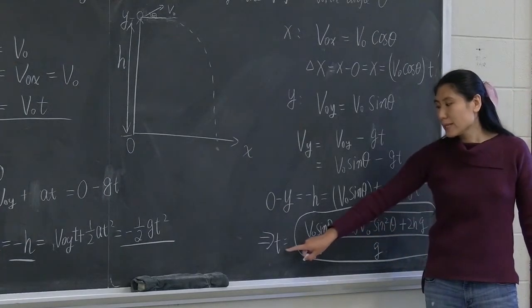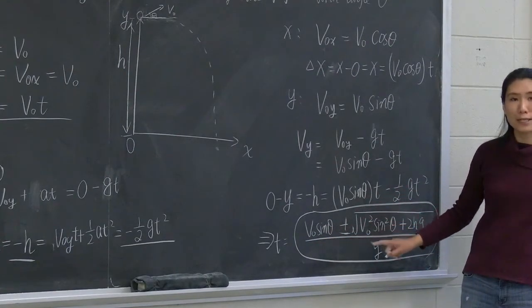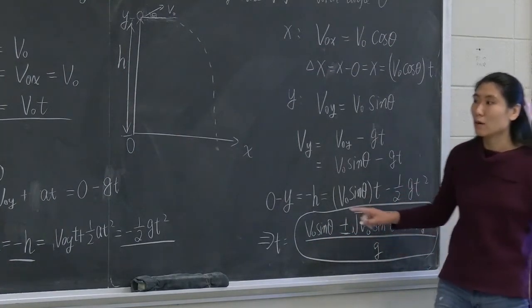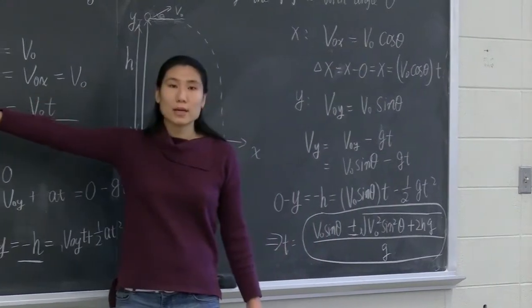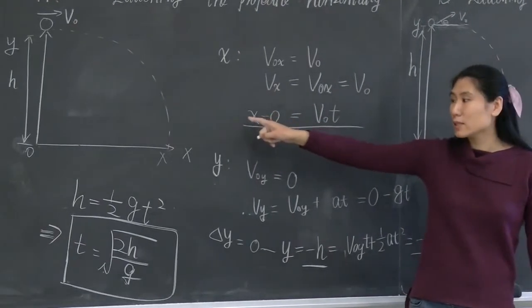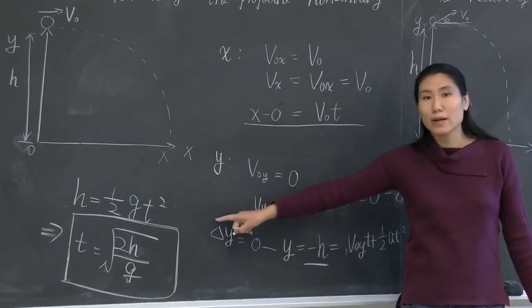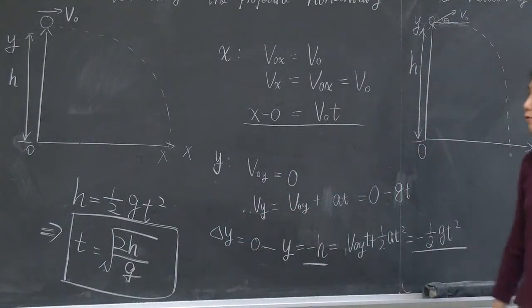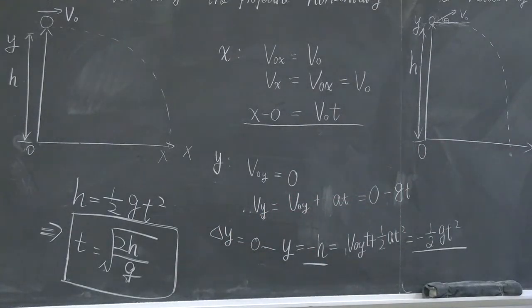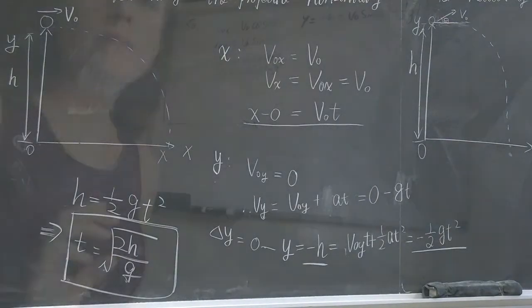So this time depends on a few factors when you are shooting with an angle. But when you are shooting horizontally, at 0 degrees, it only depends on h and g. From the experiment, we will see how these factors influence the measurement result.